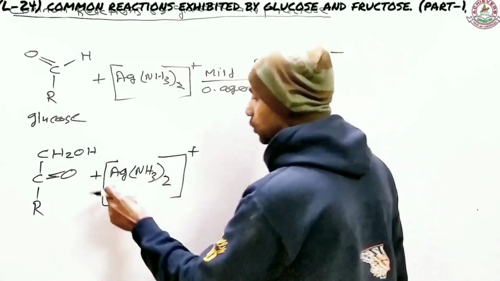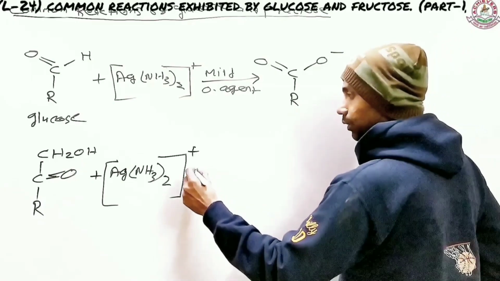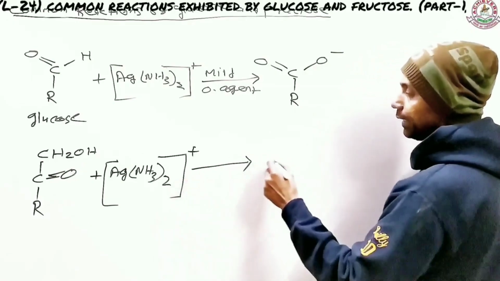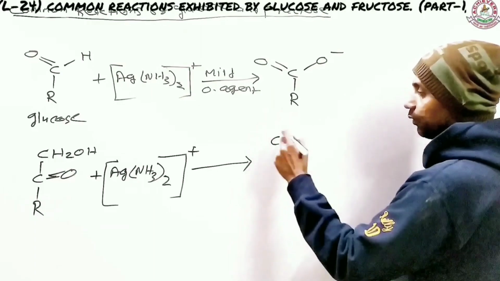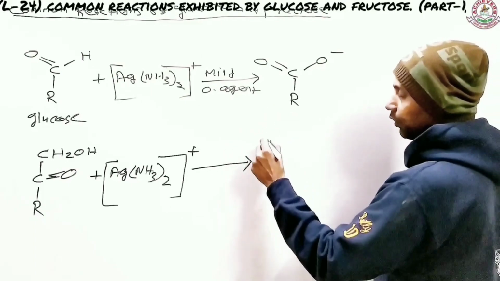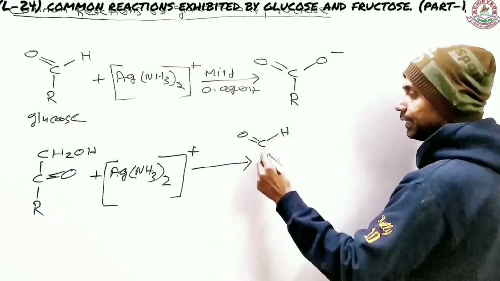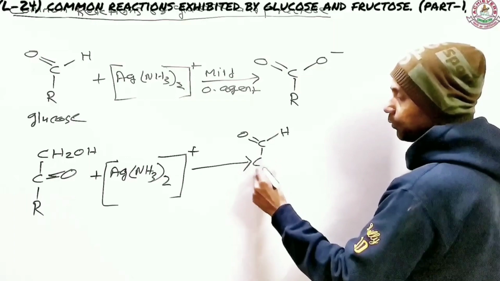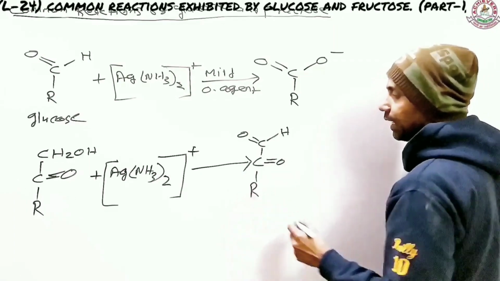Remember, this is the cuprous ion, and then this converts into an aldehyde. So I'm converting this first carbon into an aldehyde, and there you have your ketone.